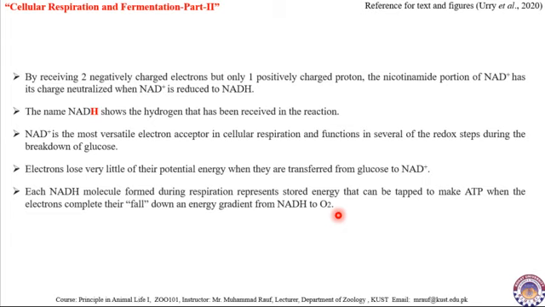During this process, the energy released in these redox reactions is used to draw protons into the intermembrane space, and the protons from the intermembrane space move back into the matrix through ATP synthase. In this process, ATP synthase catalyzes the synthesis of ATP from ADP.